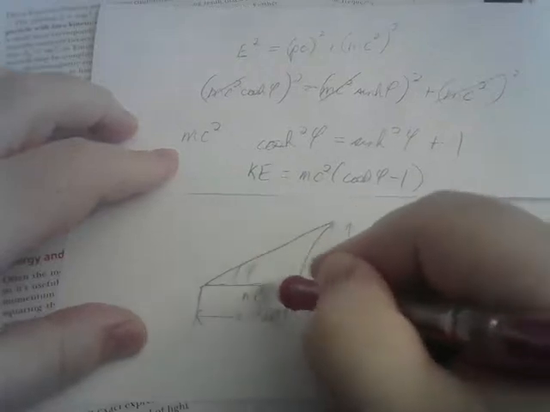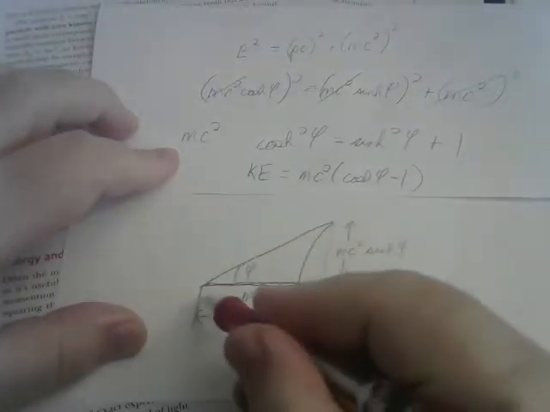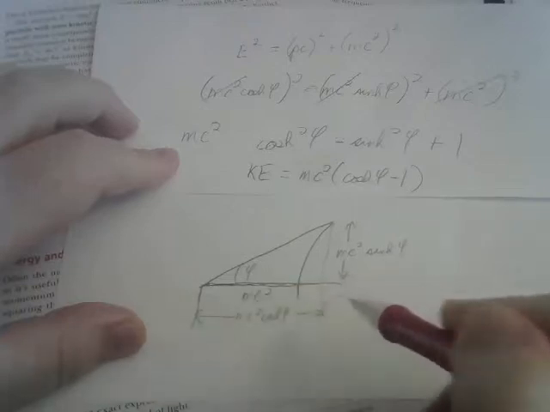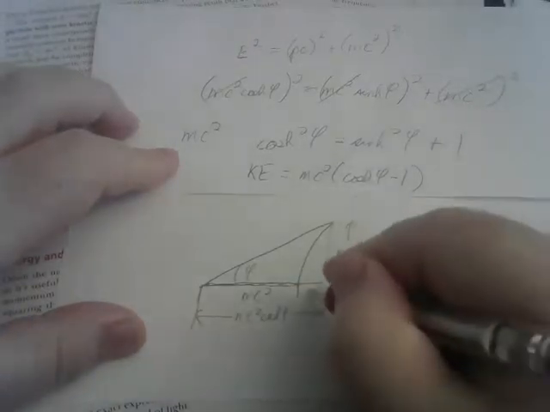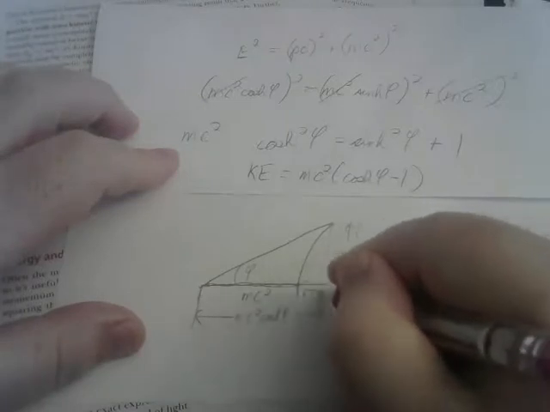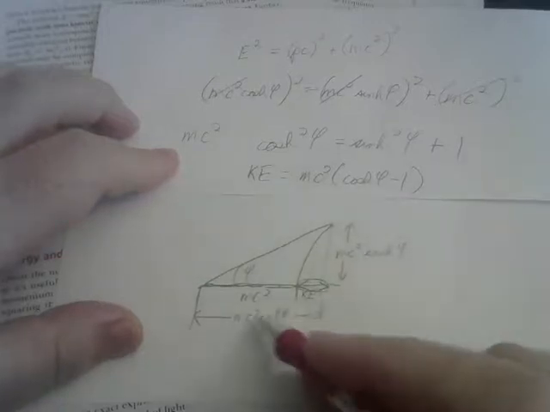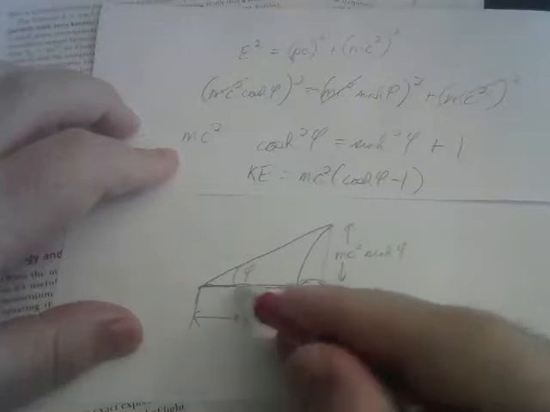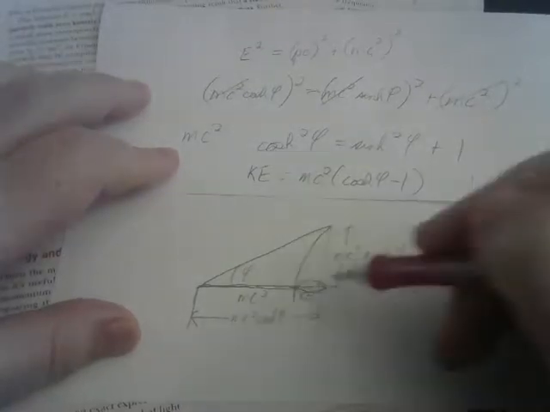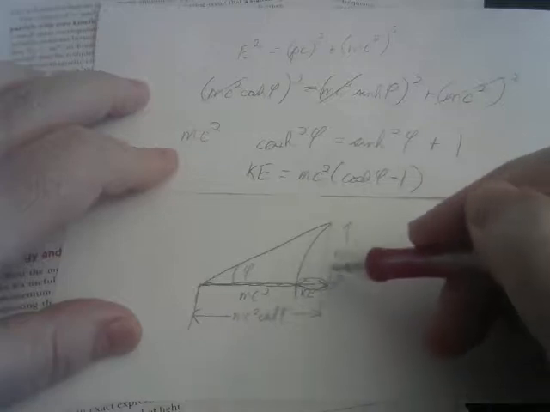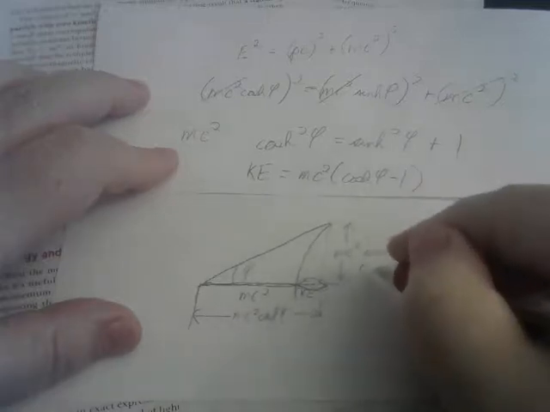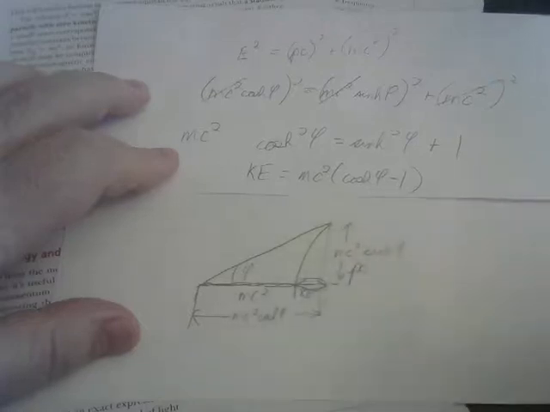If we were to draw this diagram using hyperbolas, you can think of this part of the shape being mc squared, the whole shape here being mc squared cosh phi. This here is the kinetic energy, mc squared times cosh phi minus 1, where this is the rest mass energy. And over here is mc squared sinh phi, that's momentum times the speed of light.